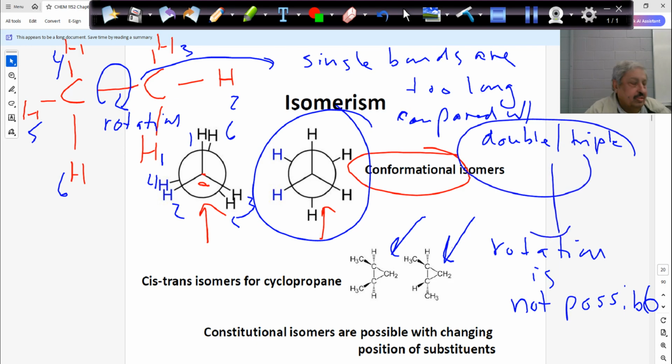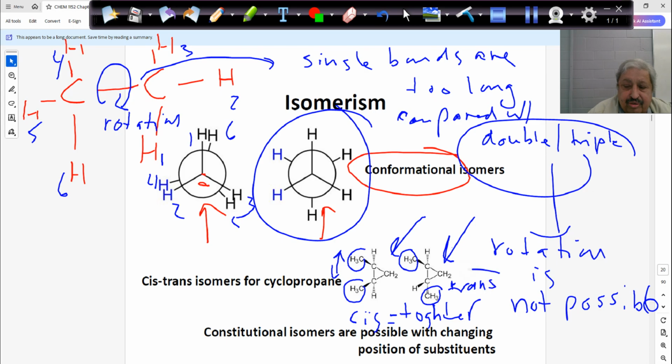Rotation is not possible because you will break the actual bond. However, in space you can see the groups can be together, like here the methyl groups attached together in the same orientation, and that we call cis. They are together. Cis means together. They share the same space together. Opposite to each other, that means trans.